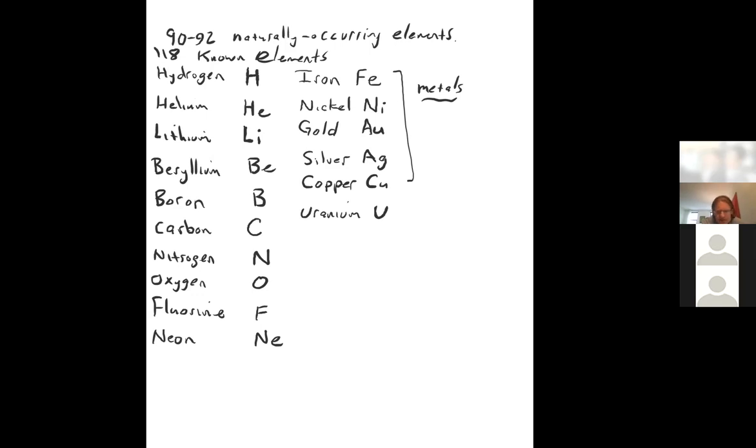They're just hard to find because they're not very stable. But the total number is around 118 because there are some that are made in laboratories. So they don't last very long. They might only last for less than a second, but they can be made and they can be produced. There's some that last longer and have certain uses, but in nature, the ones that are known are around 90 to 92 of them, okay?